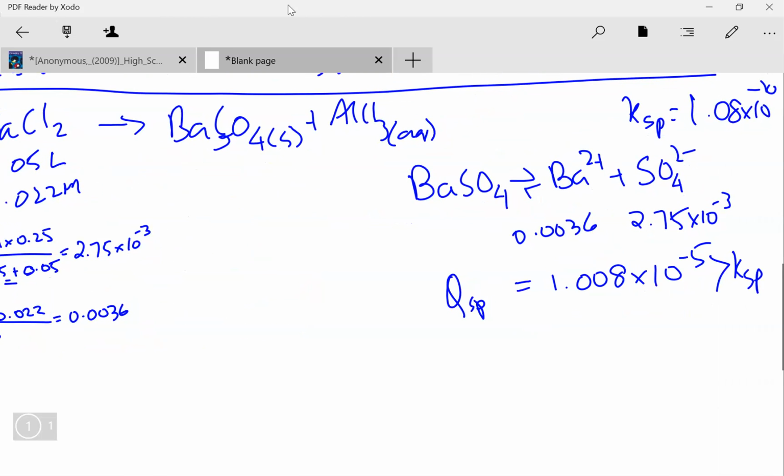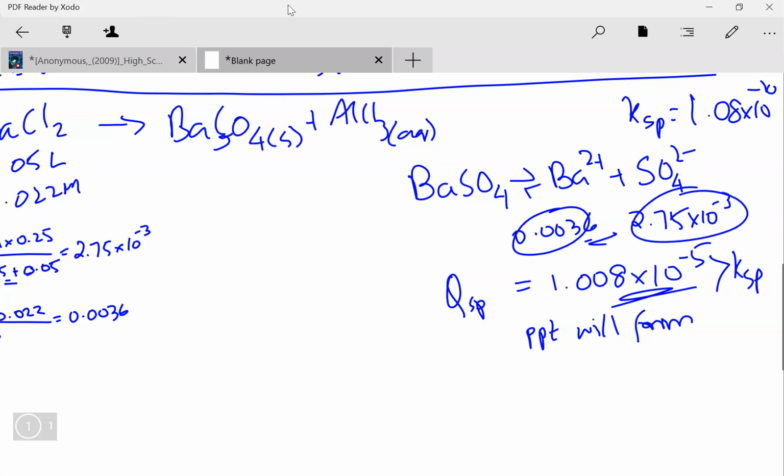Alas, our prediction was wrong. Precipitate will form because my QSP is greater, right? And my QSP is greater, that means I have too many ions. These numbers are too big, so I will shift to my reactants where the solid is. So shifting to reactants means forming the precipitate.